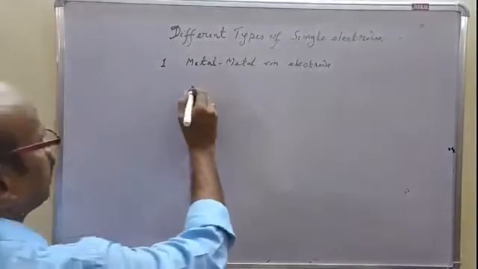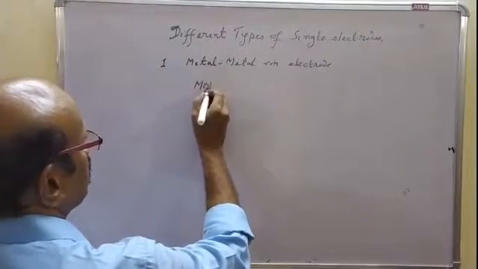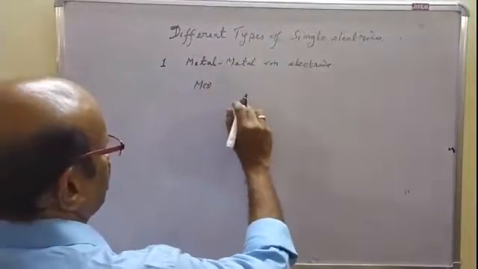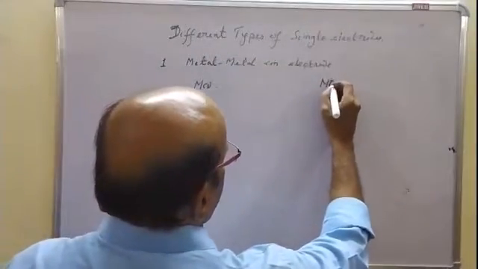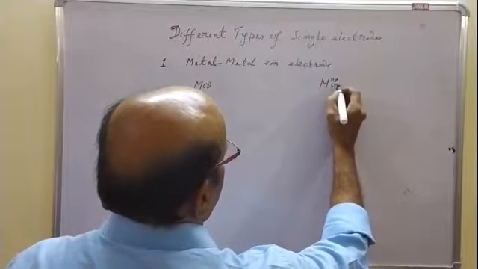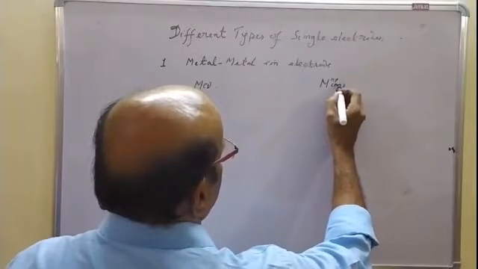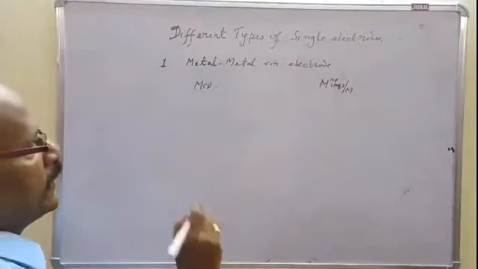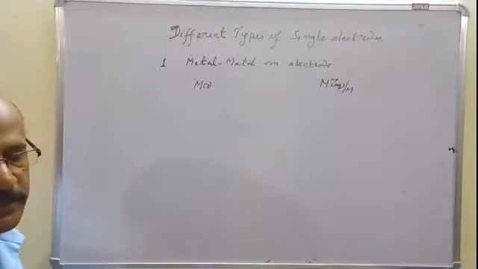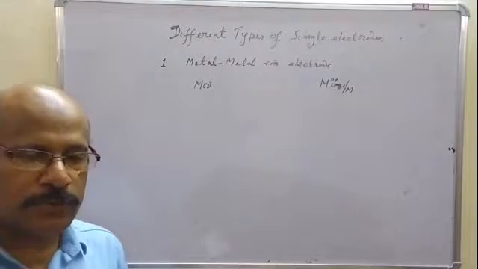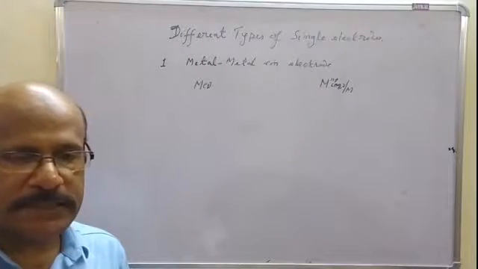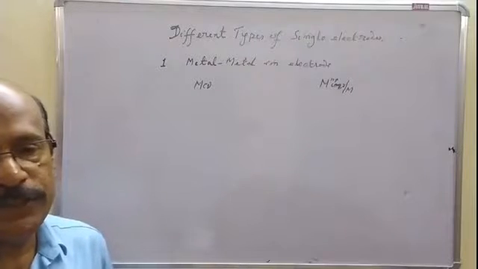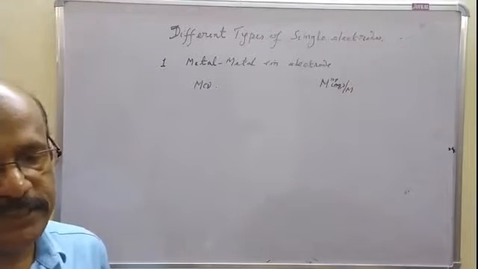Any metal M solid is in contact with its salt solution, okay, like M n plus aqua in contact with the M. And the electrode reaction involved, the single electrode reaction is customarily expressed in terms of the reduction according to IUPAC system.